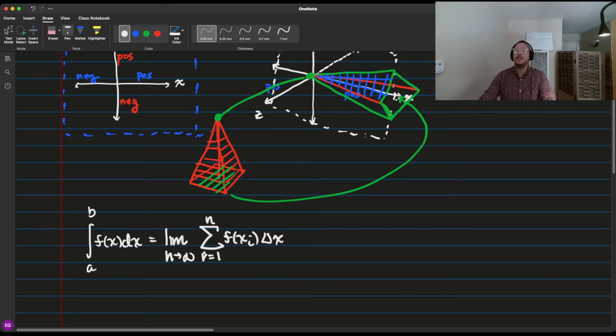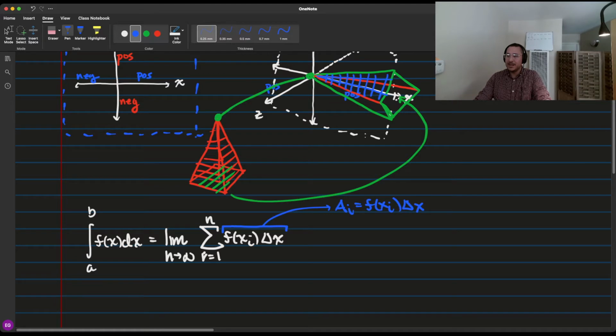So where did the fact that this was an area come from? Well, it came from the fact that this f of xi times delta x, that was the area of those rectangles, right? This is an area because this was a height times a width. So f of xi times delta x was an area. And then what does it mean to use the sigma?